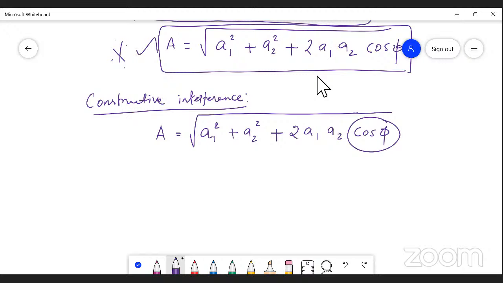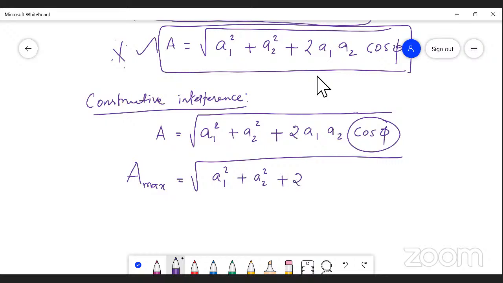For A maximum, A maximum is equal to the square root of A1 square plus A2 square plus 2A1 A2 cos phi, and the cos phi value should be maximum.